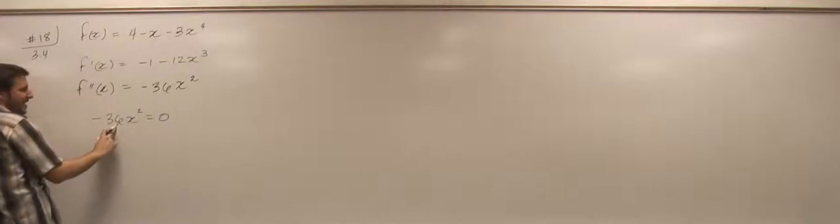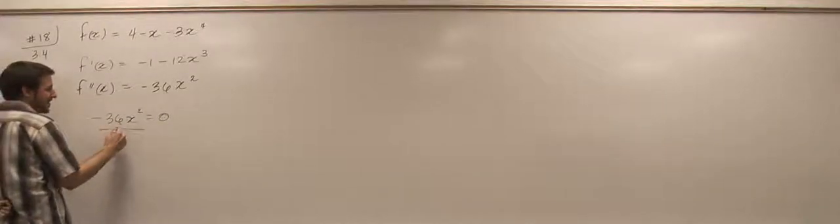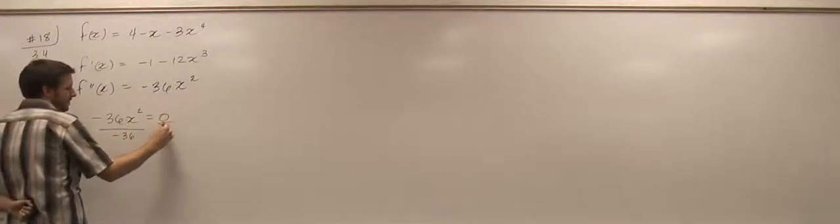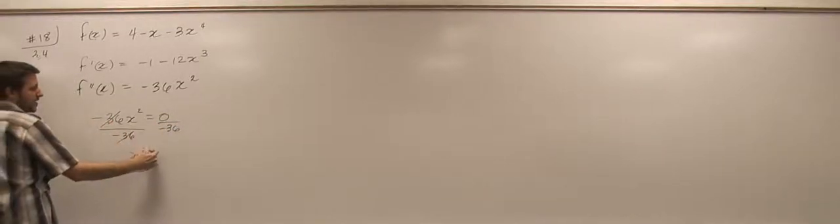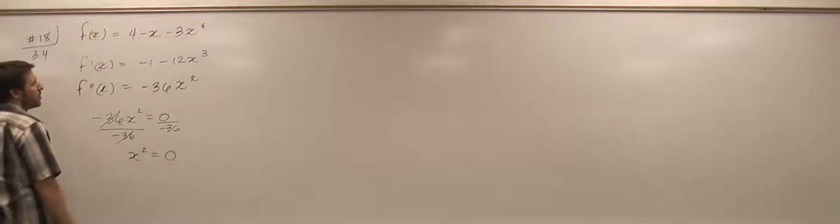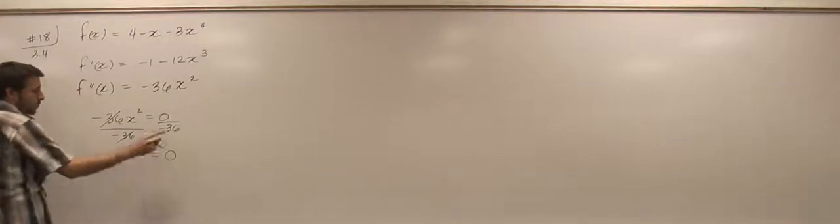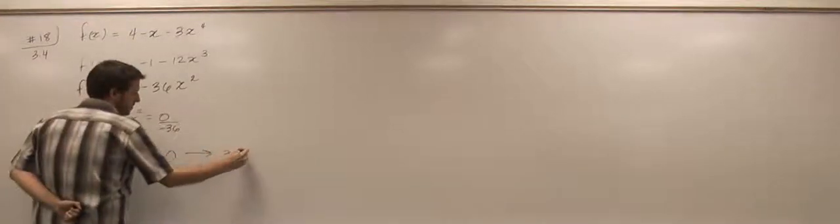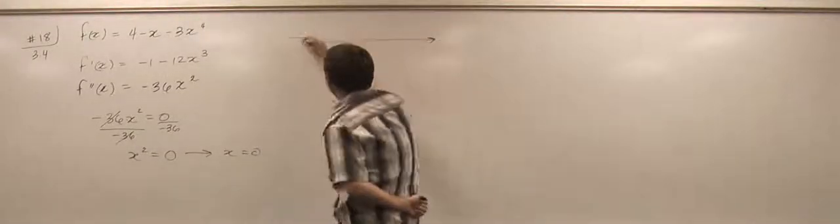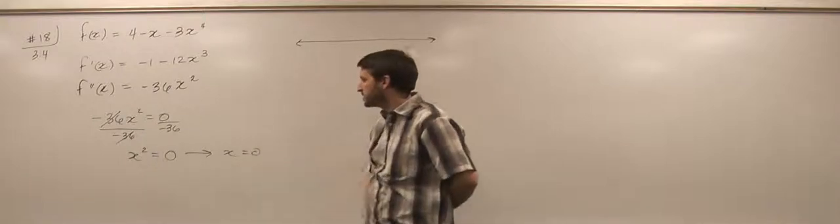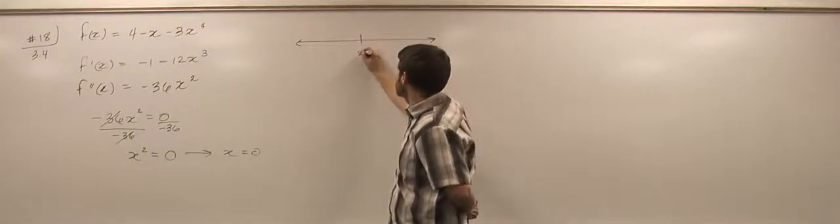So this is connected by multiplication, so we divide, right? So x squared is equal to 0. And then square root both sides, x still equals 0. So my only critical number, the only point where I could possibly change concavity, is x equals 0.